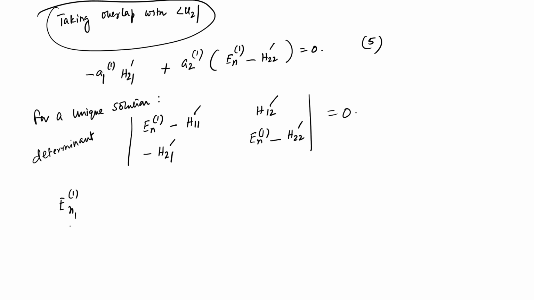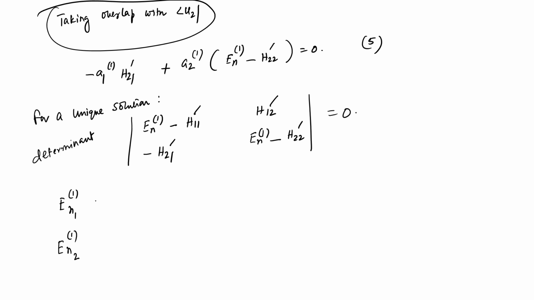So, we will write En1. This 1 in the subscript of n means that there are two solutions, and we are talking about En1 and En2, but the superscript inside bracket tells you that we are talking about the first order perturbation theory.